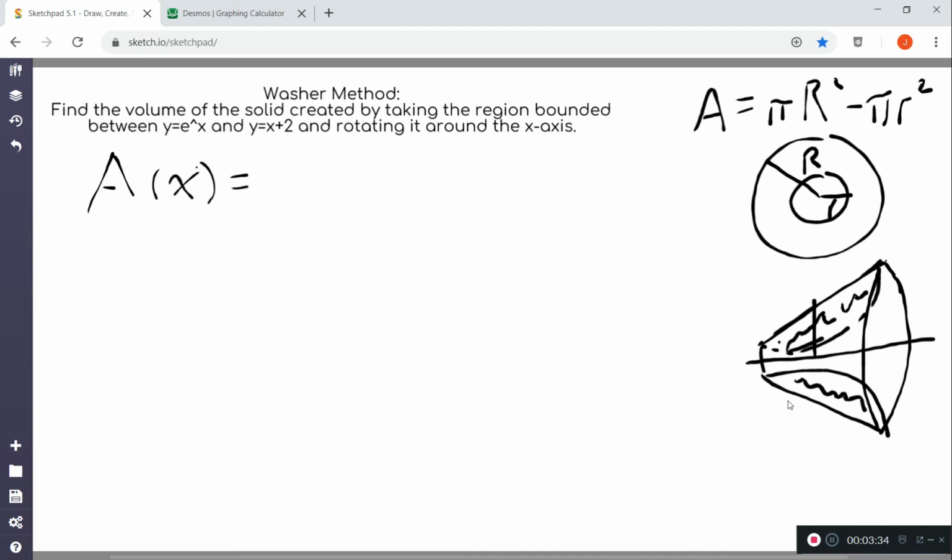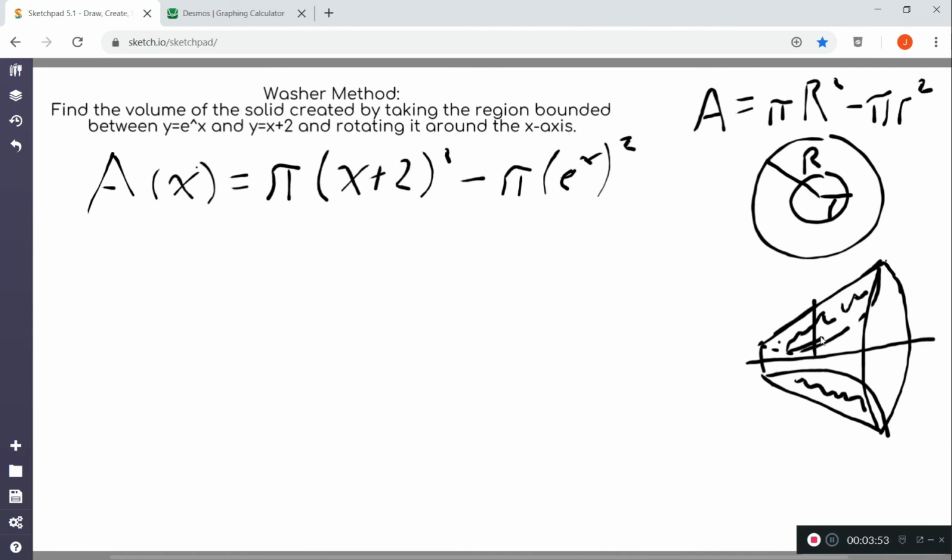So that's going to result in pi times the big radius being defined by the line x plus 2 squared minus pi times the curve e to the x squared.